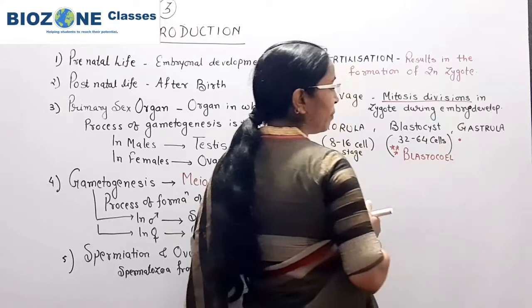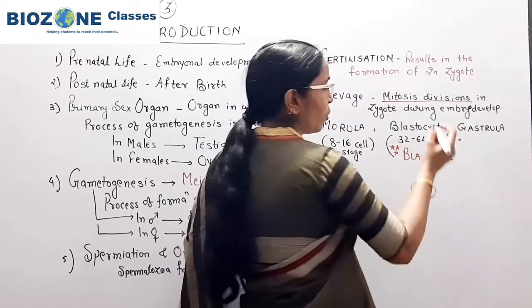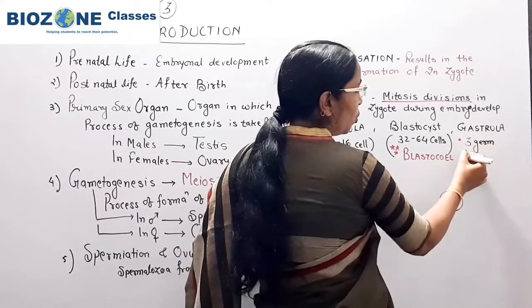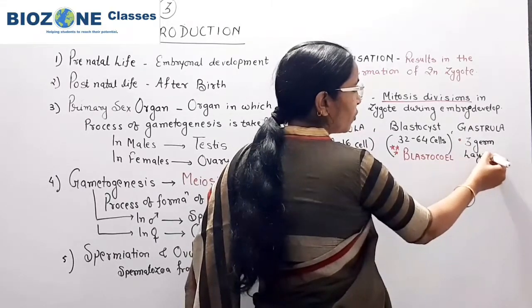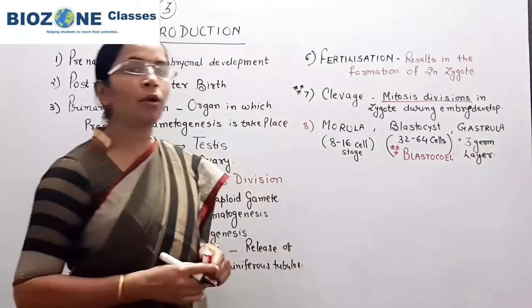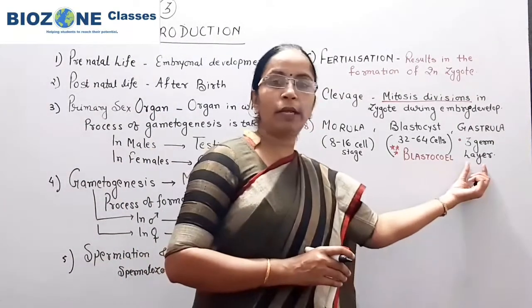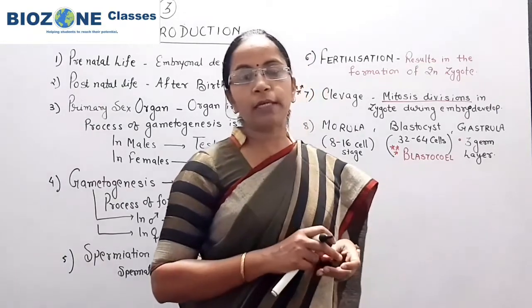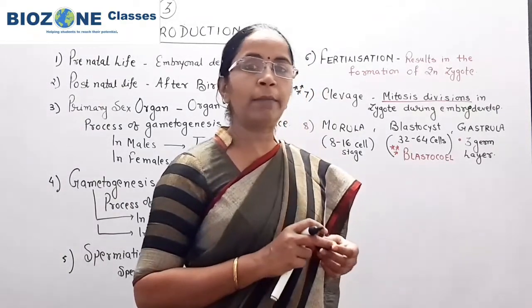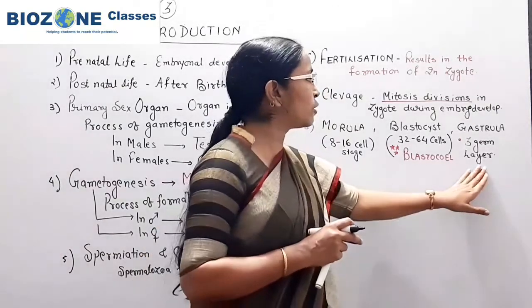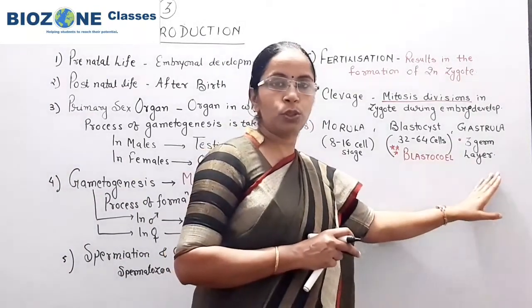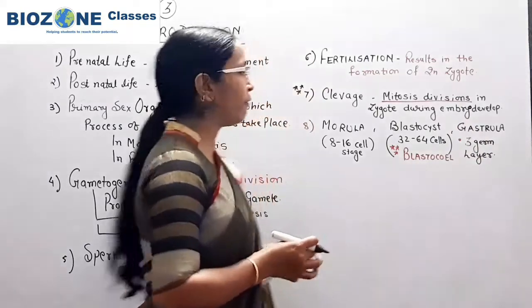Gastrula, you simply remember, is the stage of embryonal development when 3 germ layers start to form. Humans are triploblastic, so the 3 germ layers, ectoderm, endoderm and mesoderm, develop. These 3 stages we particularly use during embryonal development.